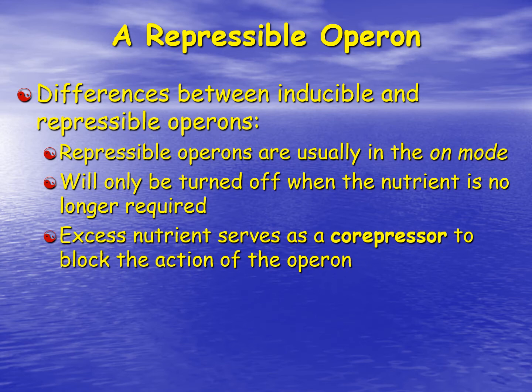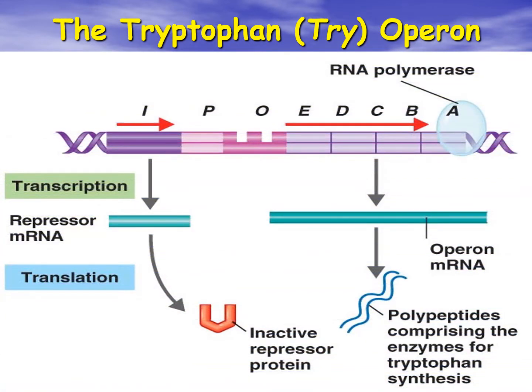So excess product of the genes will actually serve as a co-repressor to block the action of the operon. Another well-known operon is the trp operon, standing for tryptophan, and it has 5 structural genes within the operon, and each of these is necessary for making tryptophan.